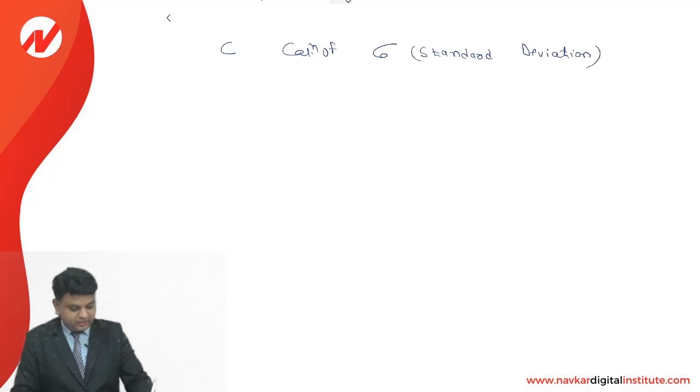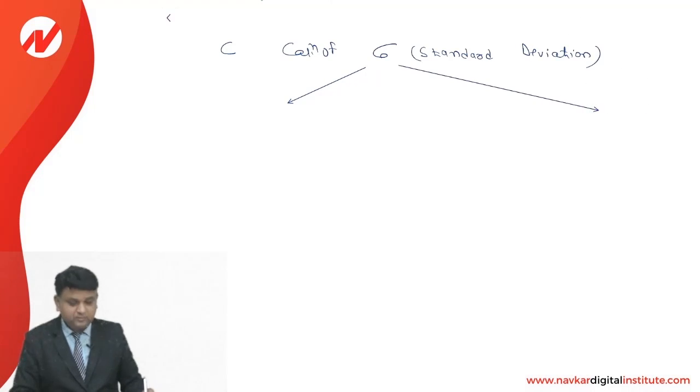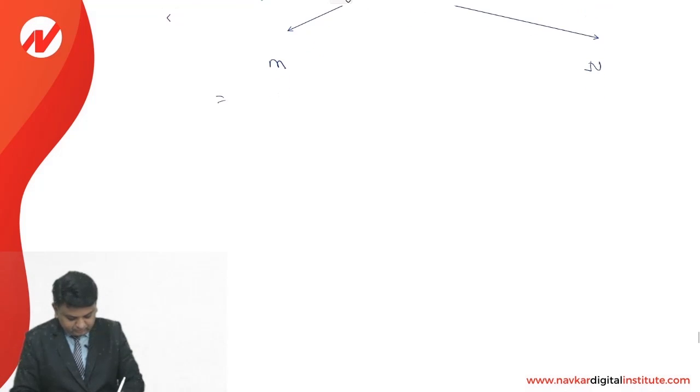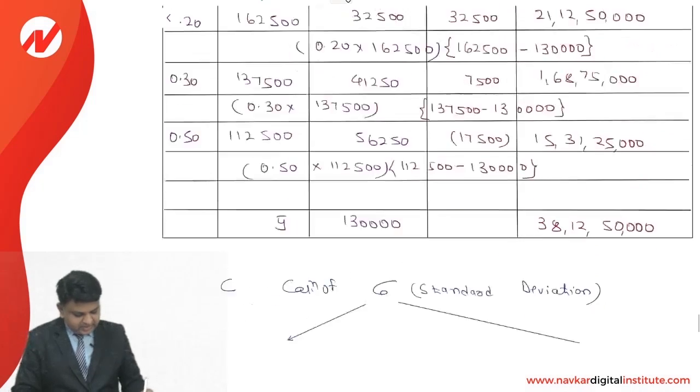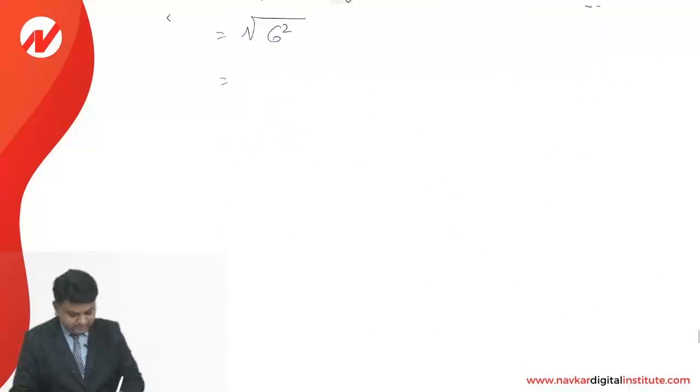Let us see how to calculate the same. Standard deviation can be calculated as under root of the variance for M and N. As far as the variance is concerned, it is 10 crore 78 lakh 12,500.